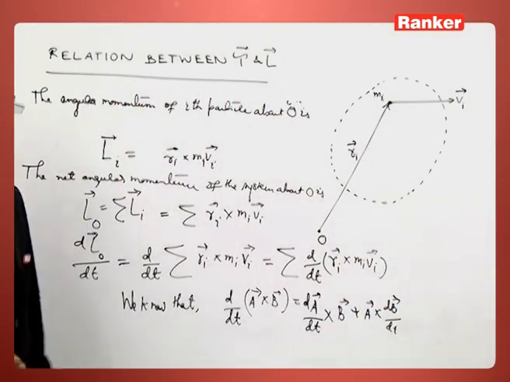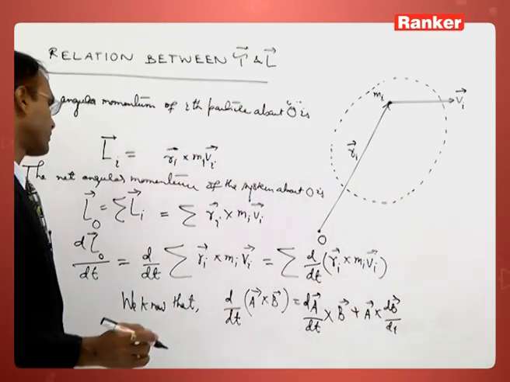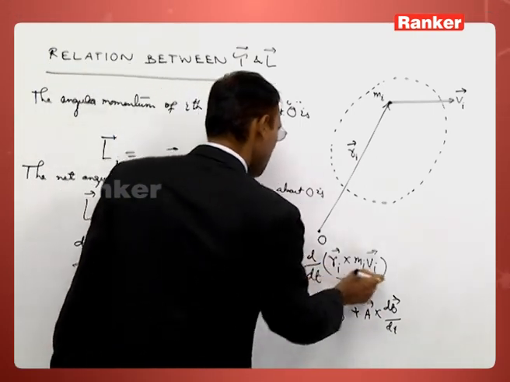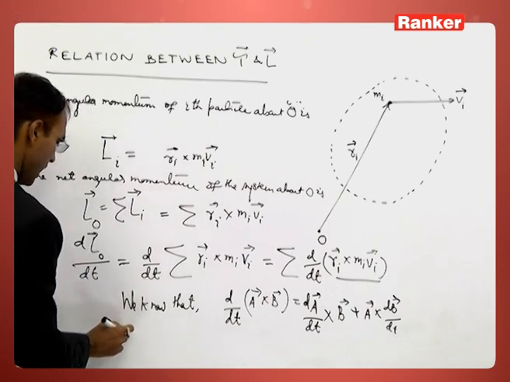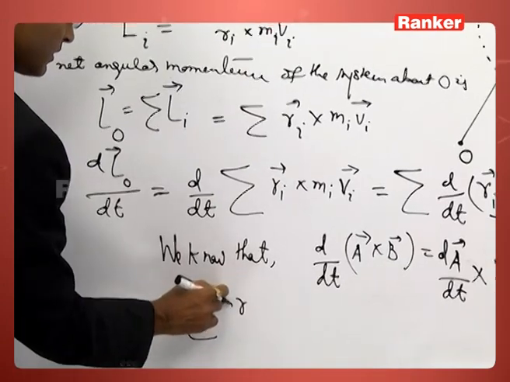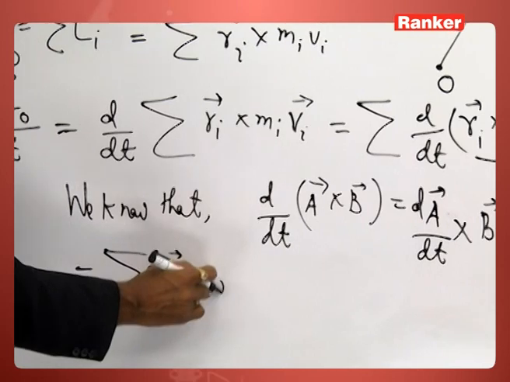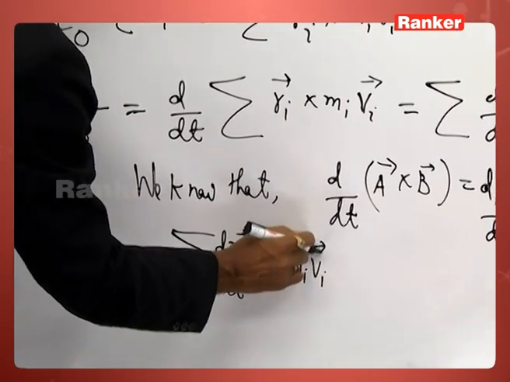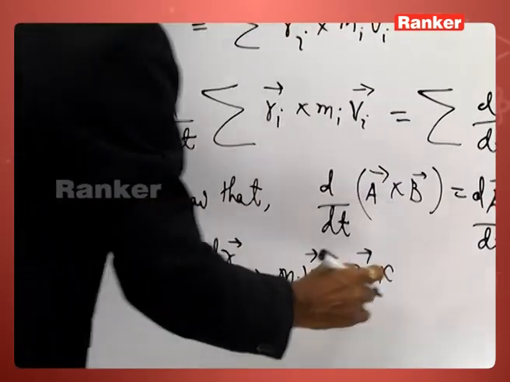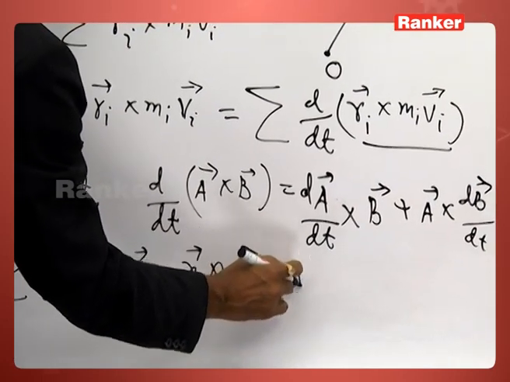By using this vector expression, we can write this term as sum of dri upon dt cross mivi plus Ri cross d by dt of mivi.